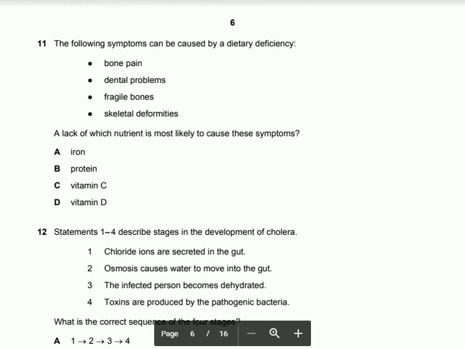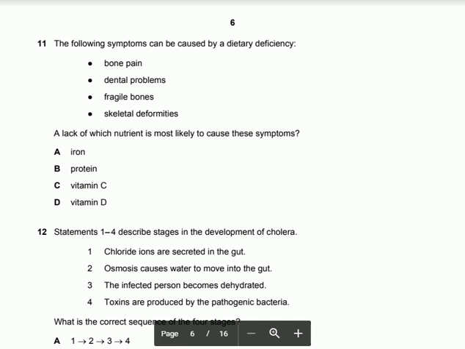So, as I said, it's surely vitamin D because it's not protein. Protein causes marasmus. It's a disease in which your bones are fragile, but it doesn't cause dental problems. So yeah, only fragile bones are the problem in proteins. Iron deficiency affects your blood; the hemoglobin count reduces.